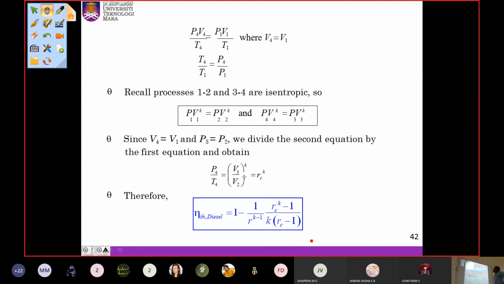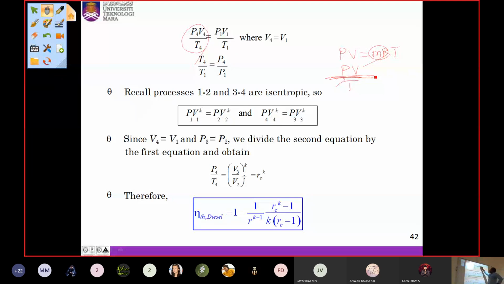Then you know for process 4 to 1, from the ideal gas law we can derive this equation: PV by T is equal to constant, since PV equals m R T. We can expand the process: P4 V4 by T4 is equal to P1 V1 by T1 for the process of constant volume.